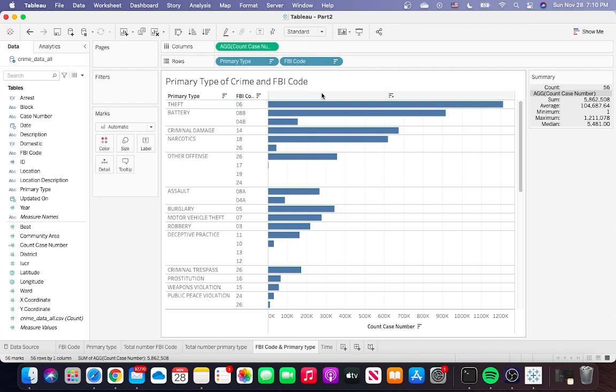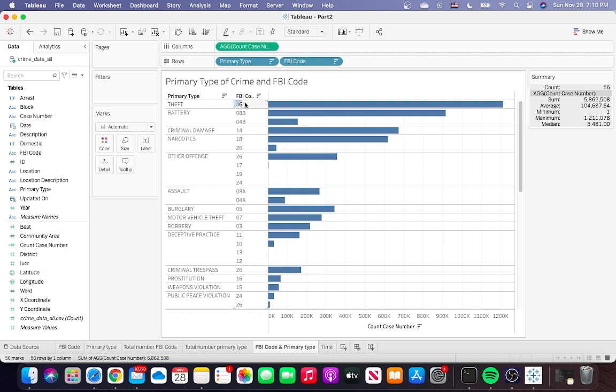As we can see in the graph, we would like to combine the variables primary type of the crime and the FBI code, because the primary type is related to the FBI code.